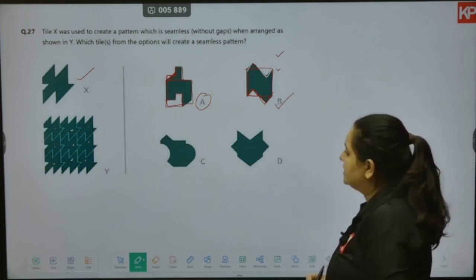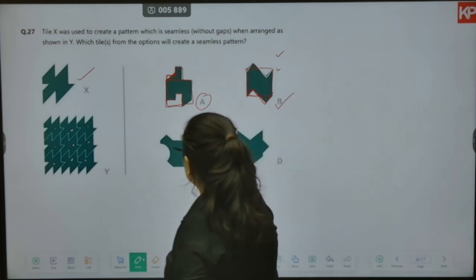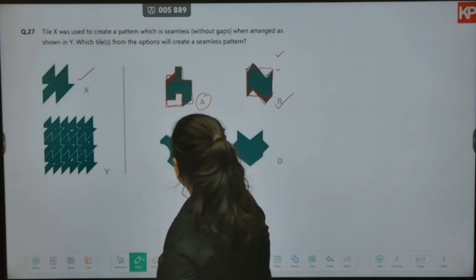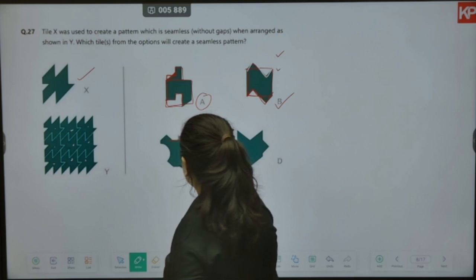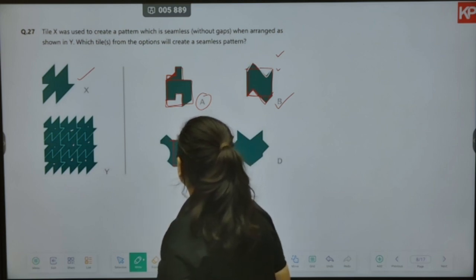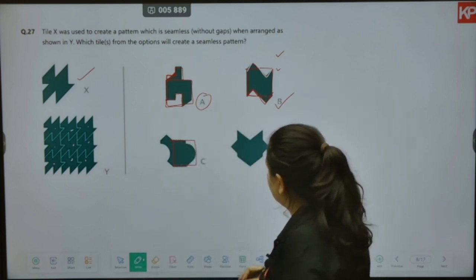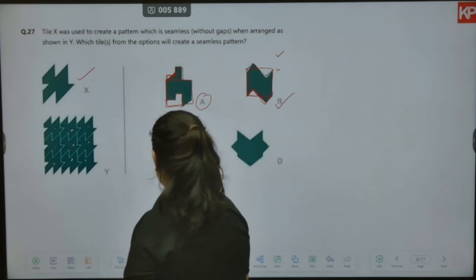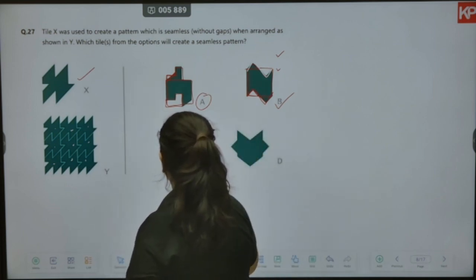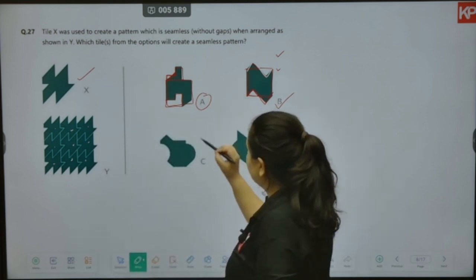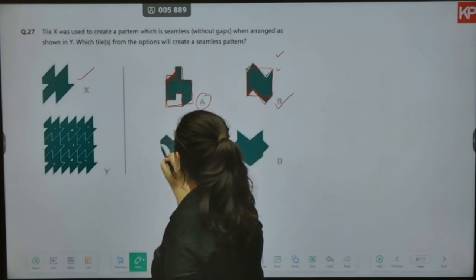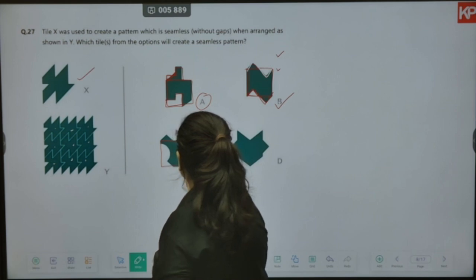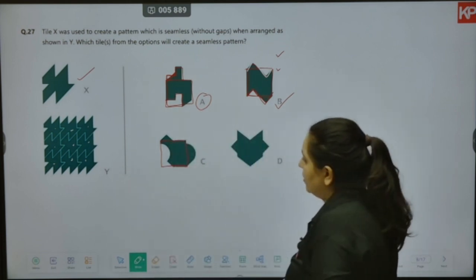Let's check for C now. What is happening in this case? Okay, let's make a square around this and check if it works for this shape or not. Okay, let's see what is happening.